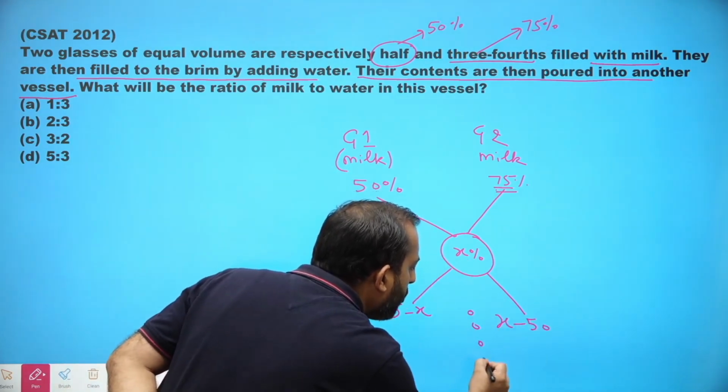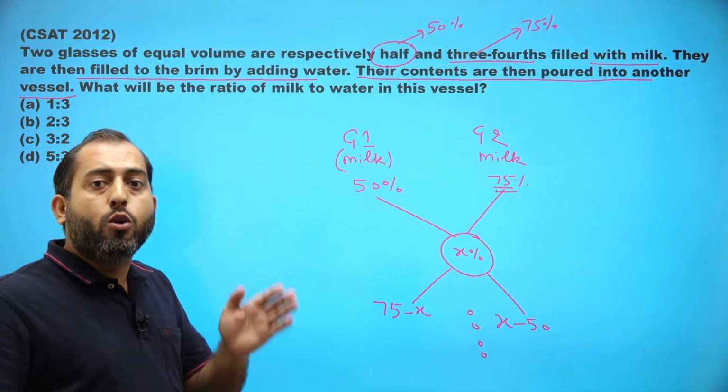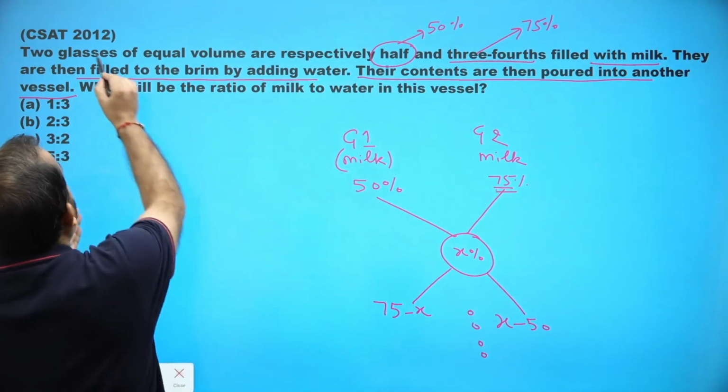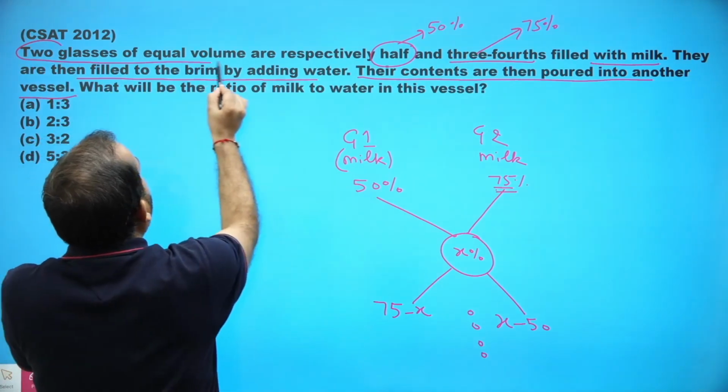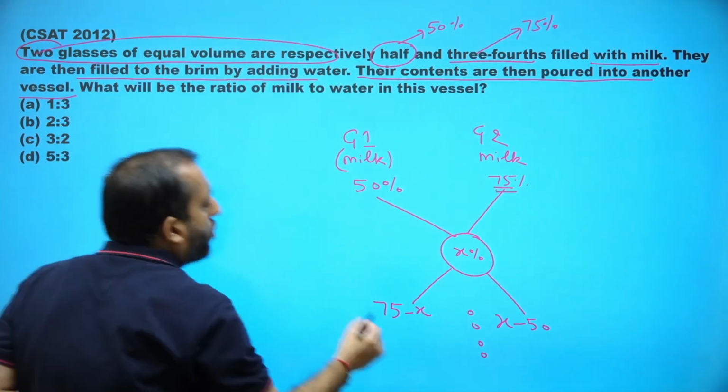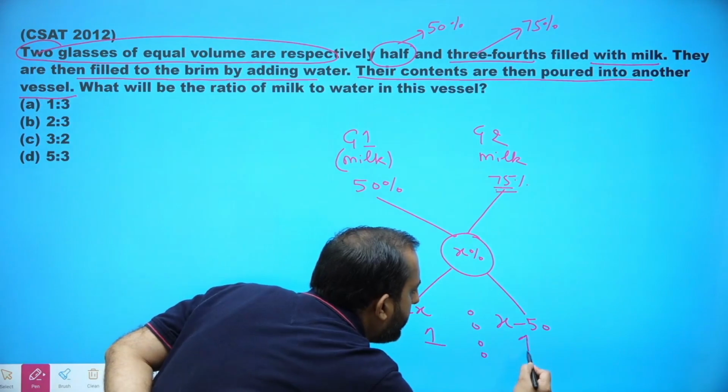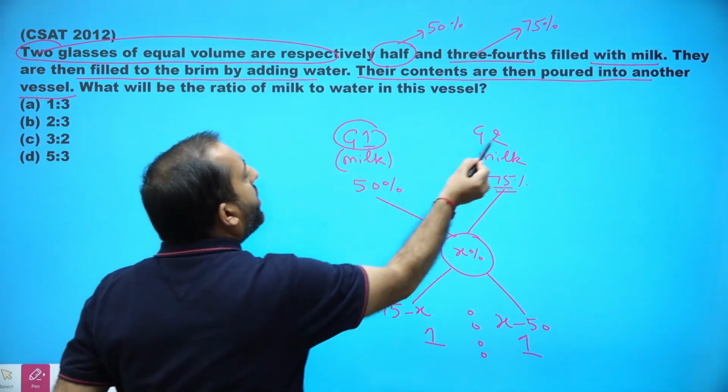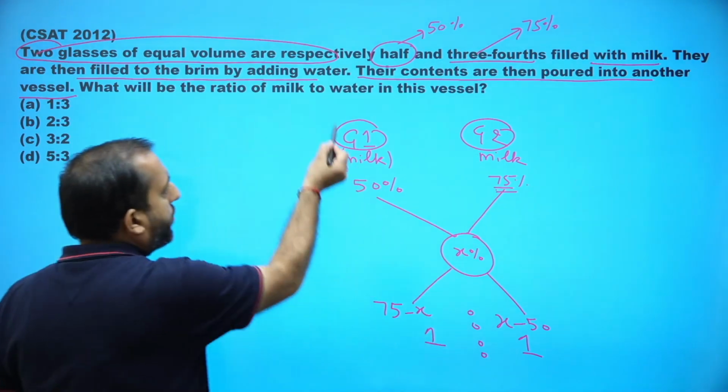So this ratio should be equal to the ratio of quantity taken. It is given to us that the two glasses were of equal volume. So the ratio of quantities of glass 1 and glass 2 should be 1:1.